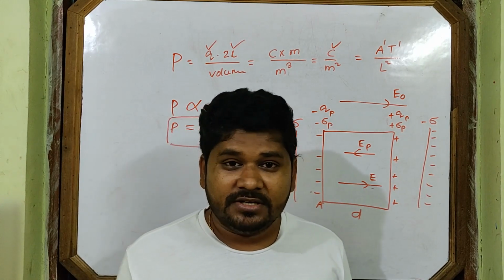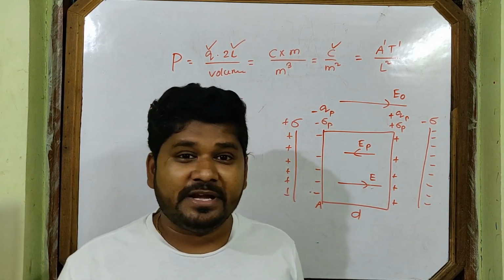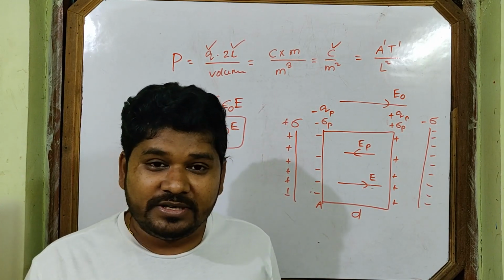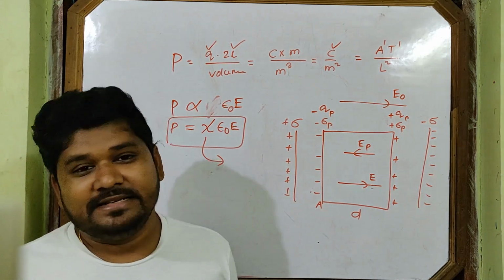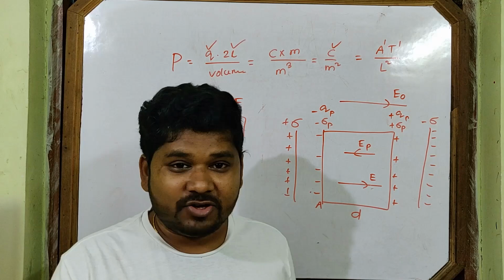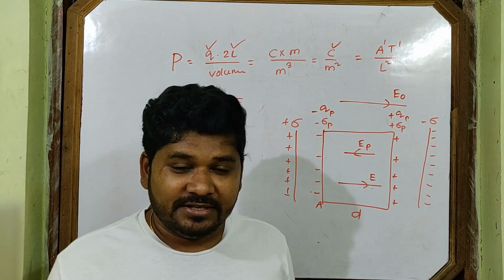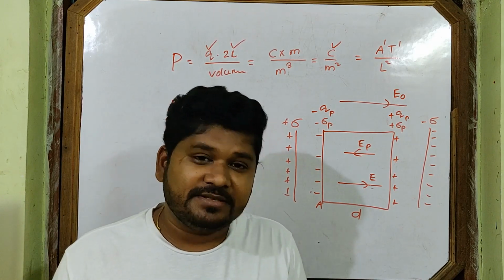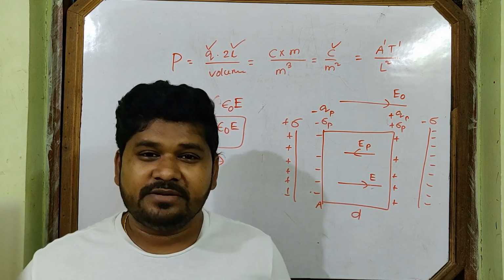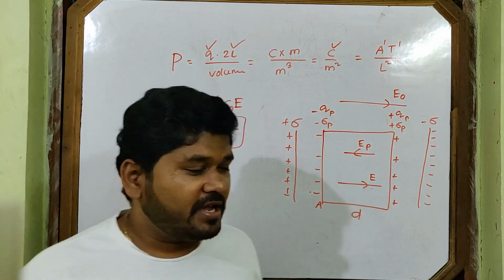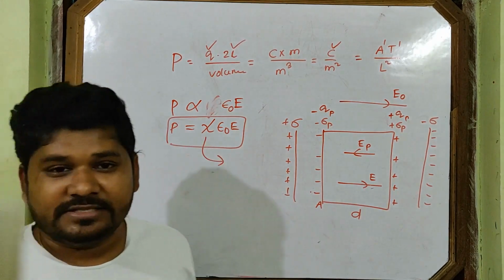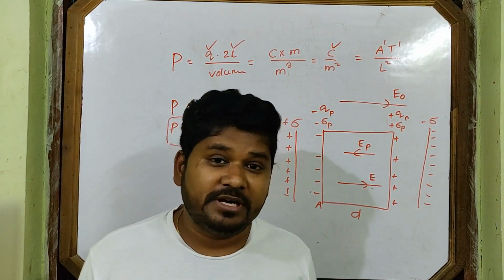Now you understand what the physical significance of chi is? How easily a dielectric gets polarized. All dielectrics are not easily polarized. Some polarize immediately, some take a larger electric field to get polarized and develop a dipole moment. So this constant is called electric susceptibility.